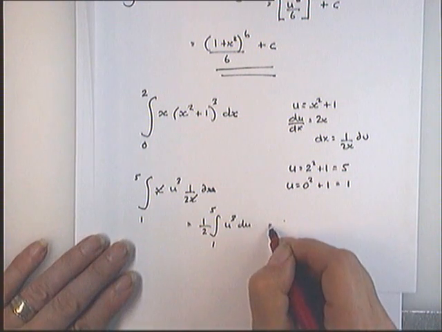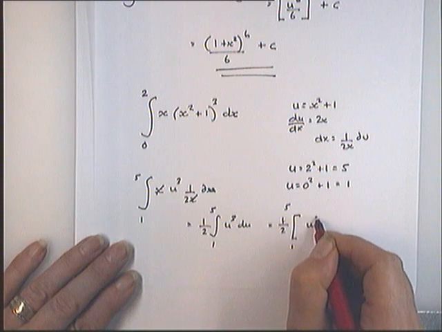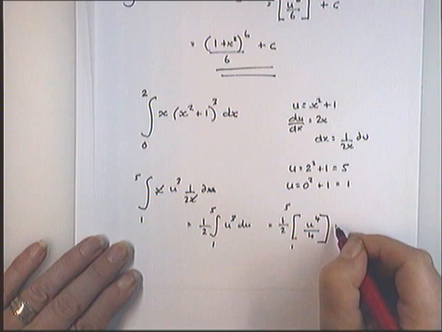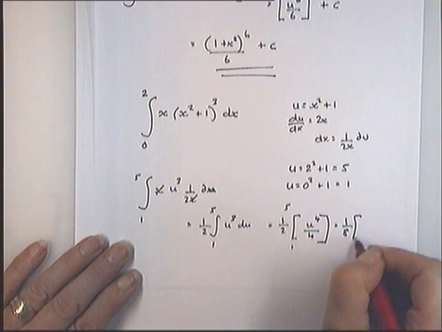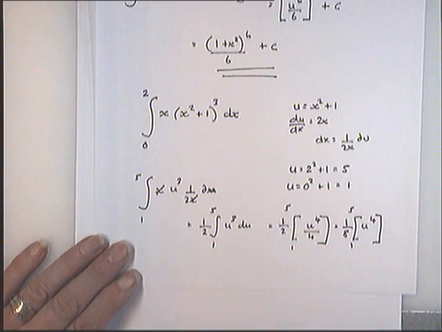So then when I integrate, I will get u to the 4 over 4. That simplifies to an eighth of u to the 4.